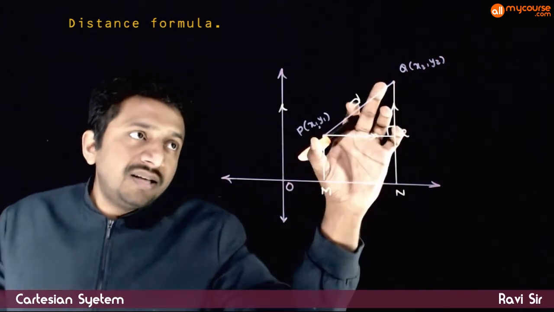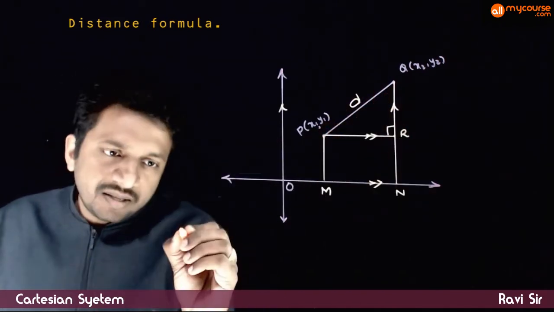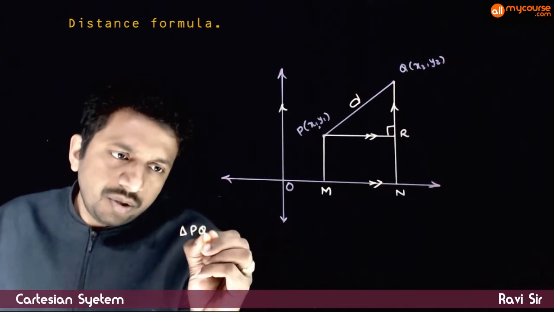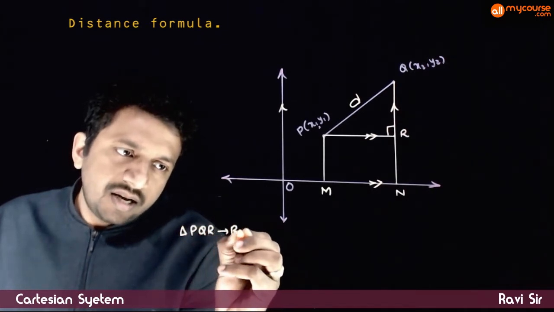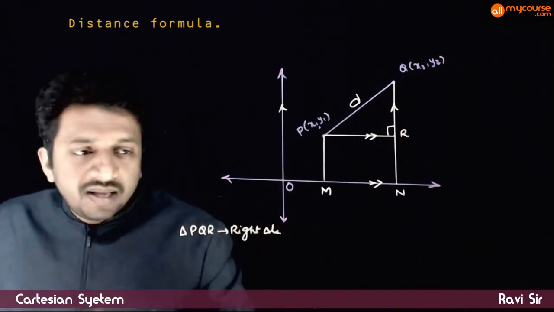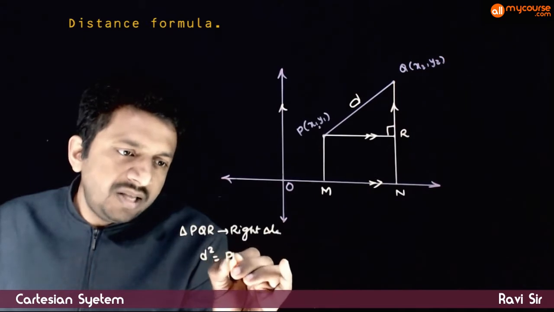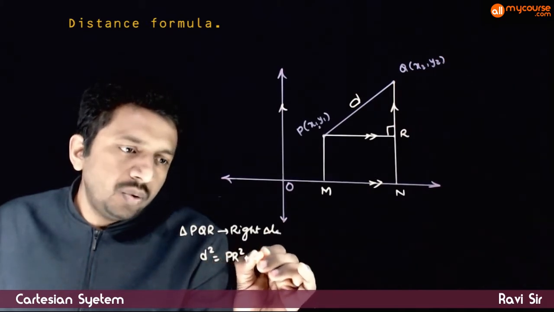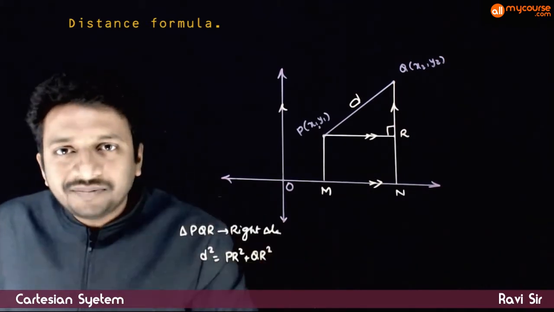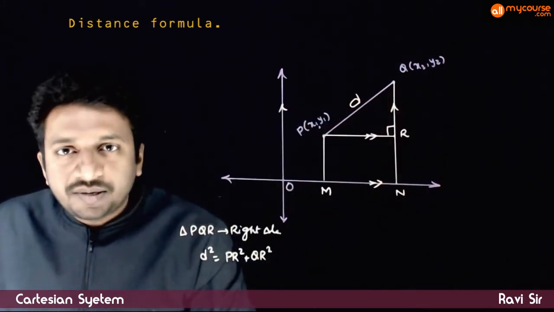Now as you can see, triangle PQR is a right angle triangle. Hence, d square can be written as PR square plus QR square, right?